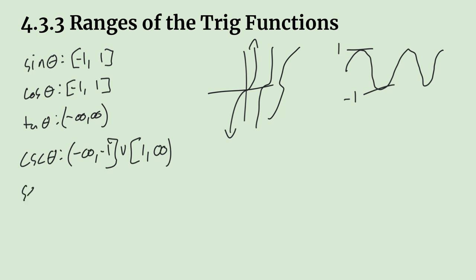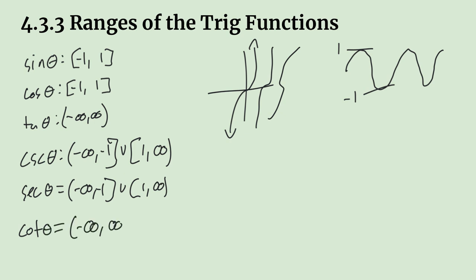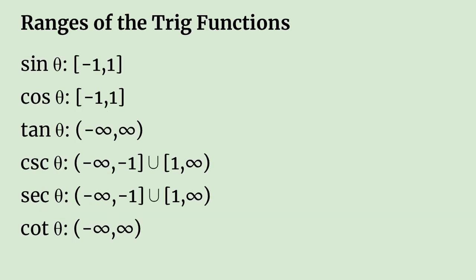Secant, same thing. It's going to be negative infinity to negative 1, union 1 to infinity. Cotangent, negative infinity to infinity. And there they all are written out again for you.